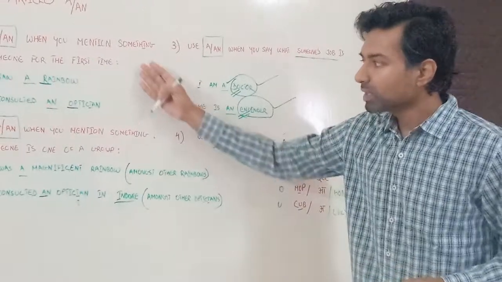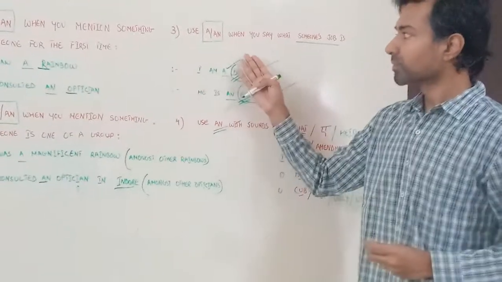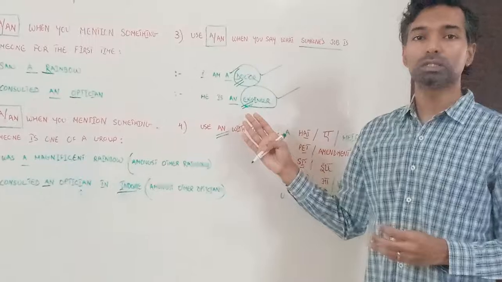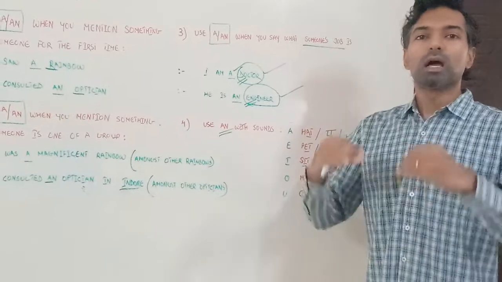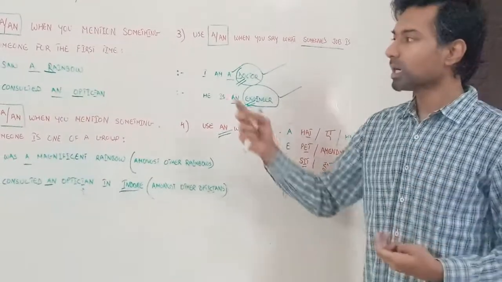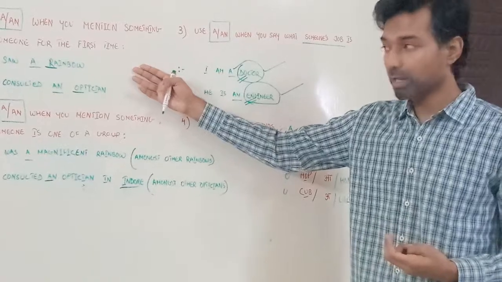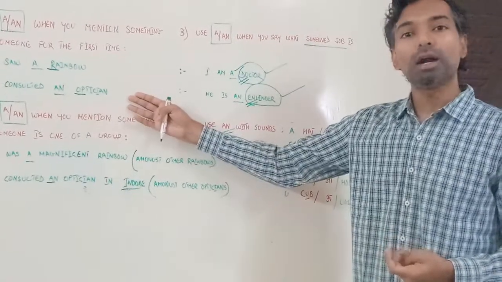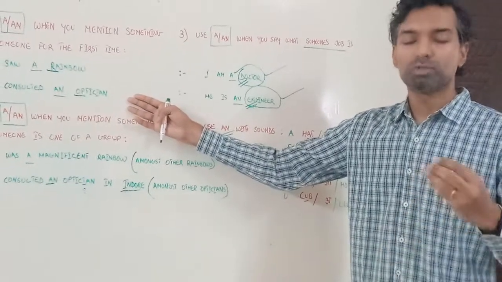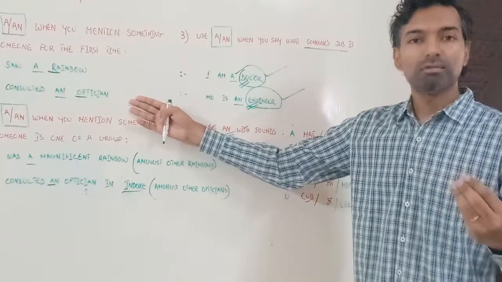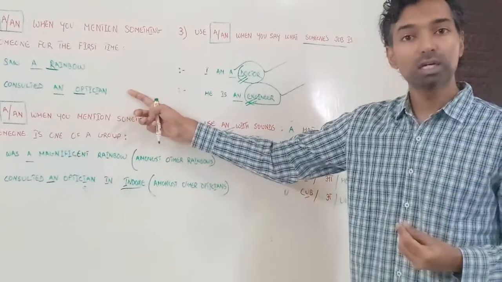In all my three examples, I have given you words which specifically started with a consonant, as in rainbow, and a vowel, as in the word optician.